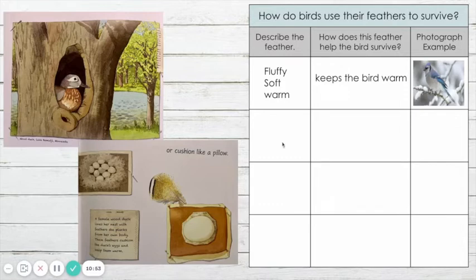Good. I think I would describe it by saying comfortable, because it's a cushiony, pillowy feather. And what does this feather do to help the bird survive? Share your thinking.